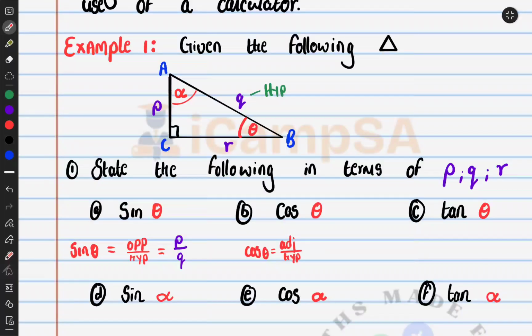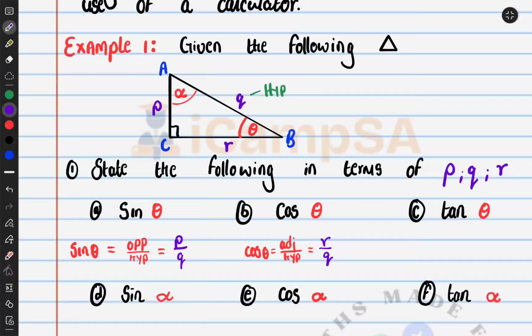In our case, which side is adjacent? Adjacent means next to. Which side is next to the angle theta? For our case here, it's going to be side R. Therefore, cos theta is equal to R over Q.